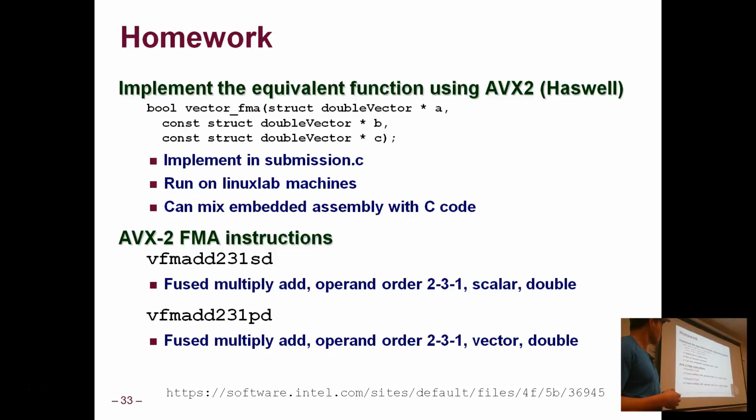You are allowed to mix embedded assembly with C code, as long as you use this instruction to speed up your code. So here is the fused multiply-add on your doubles, which is what's in the scalar implementation. I want you to refactor the scalar implementation to use the packed version.